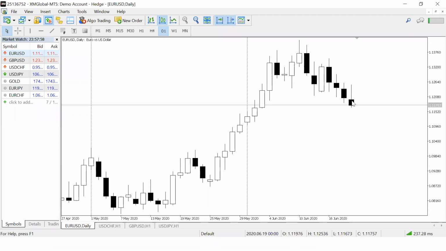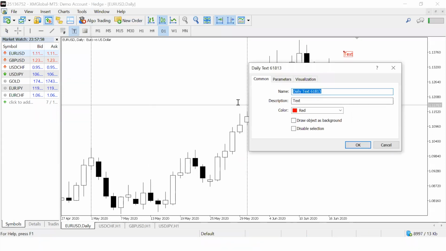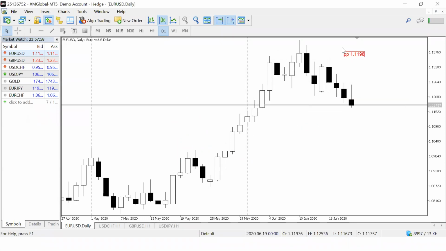Then we add the low, 1.1167, and then we add the close, 1.1175. Then we divide that by 3. The number I came up with, I'll write it down: our pivot point is 1.1198. So that's our pivot point right there.